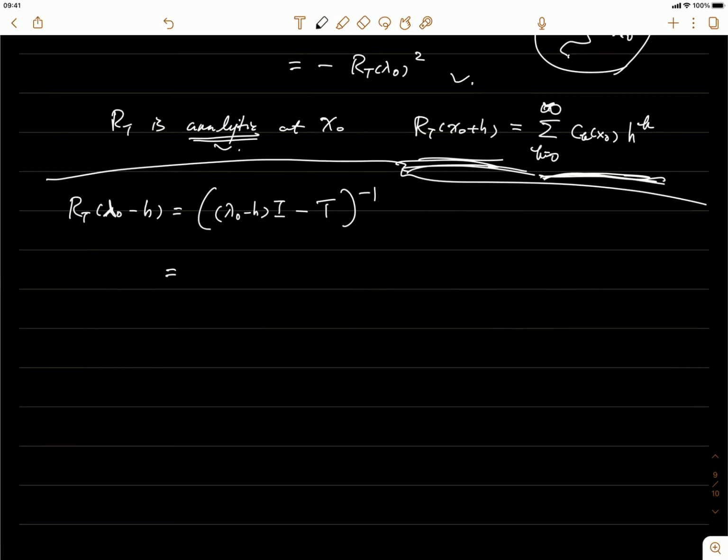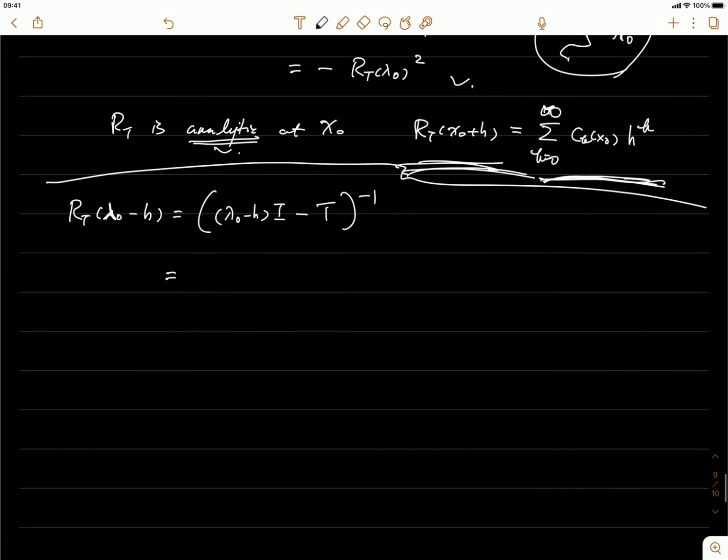And that is actually true. We can extract: I have this lambda naught I minus T minus hI, this thing inverse.